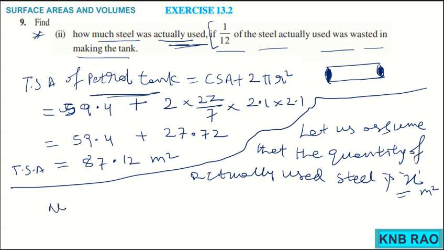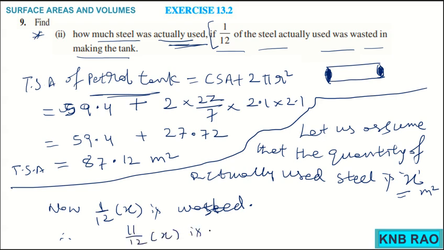Now 1 by 12 of X is wasted. It is wasted, isn't it? So 1 by 12th of that X is wasted. Therefore leftover, that is 11 by 12 time of X is equal to TSA of that tank.